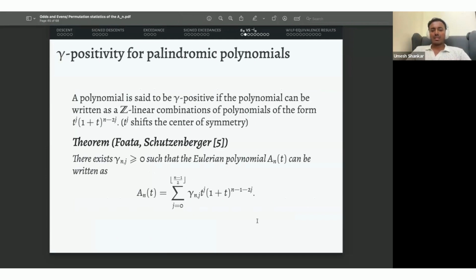This is a theorem of Foata and Schützenberger, that the Eulerian polynomials are actually gamma positive. They can be written in this basis, t^j (1 + t)^{n-1-2j}, with positive integer coefficients. And we know a nice description of these coefficients also.